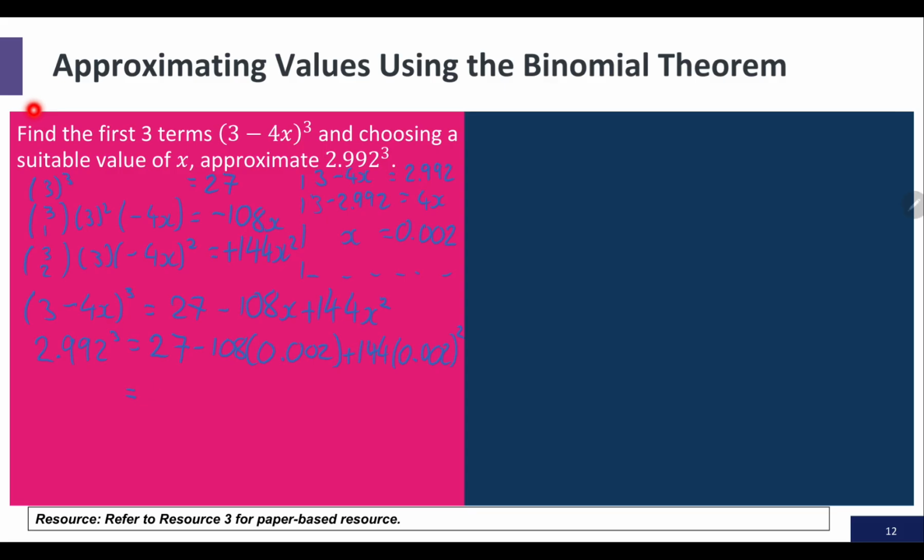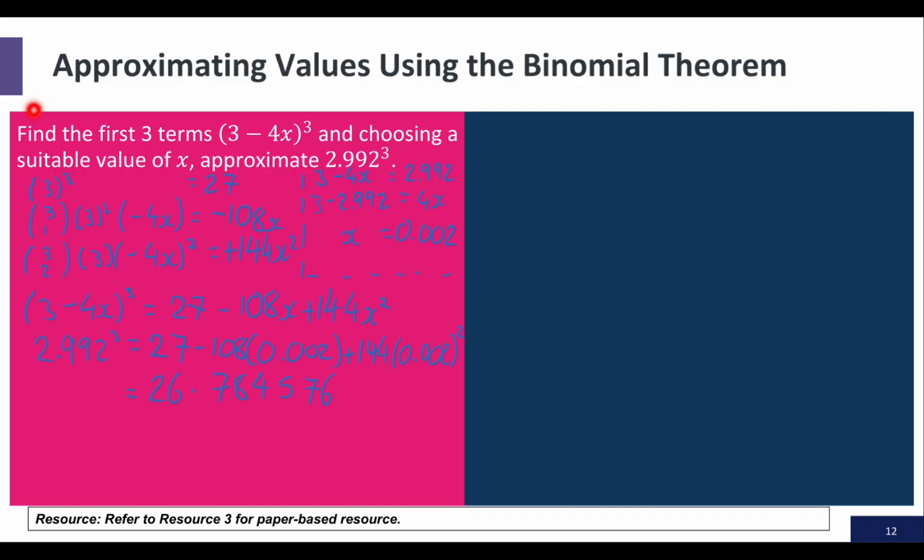And we get 26.784576. Let's compare it with the real answer, 2.992 to the power of 3. It's going to be really, really close. Yeah, it's incredibly close.